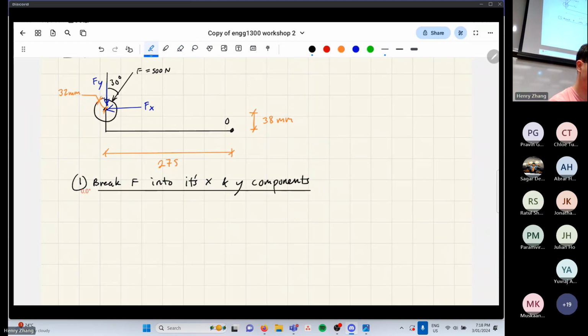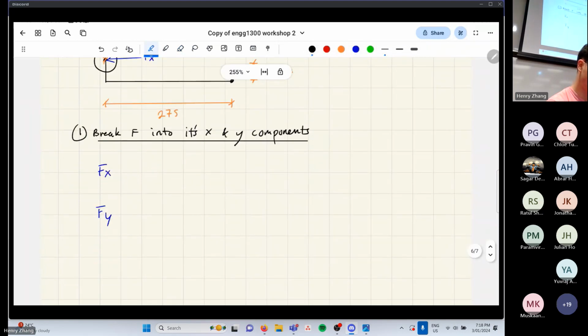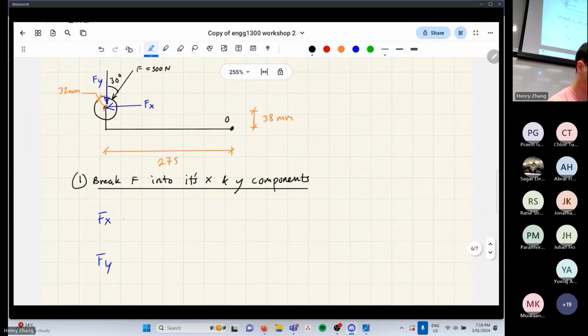That's Fy and Fx that I want to solve for. From last workshop, we take the magnitude of the diagonal and sine or cosine the angle to get its horizontal or vertical components.